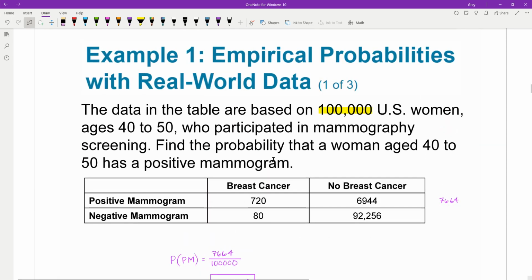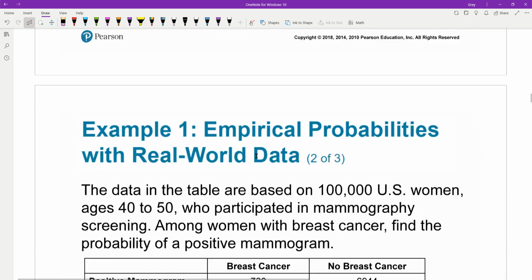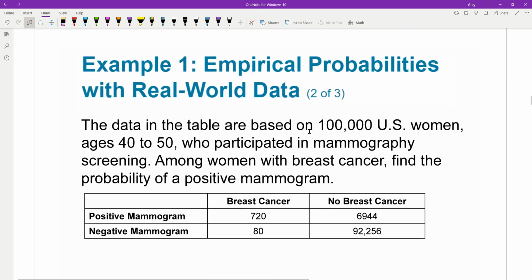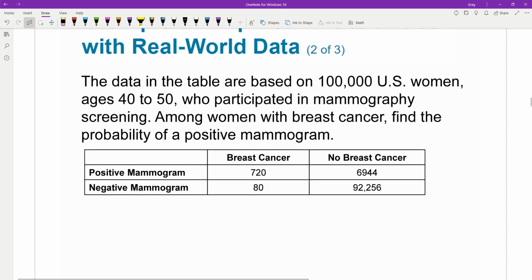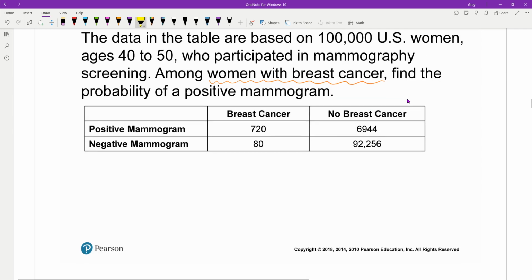All right, this is the same data. It's still example 1, like parts A, B, C, but it's the same data. This time, they're asking us, among the women with breast cancer, find the probability of a positive mammogram. The fact that they gave us this condition, they use the word among, they might use the word given, they might use the word of, makes it what we call a conditional probability, and it is written like this.